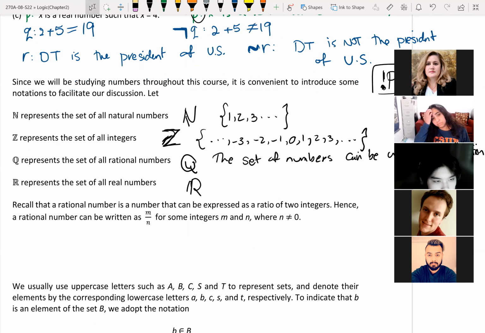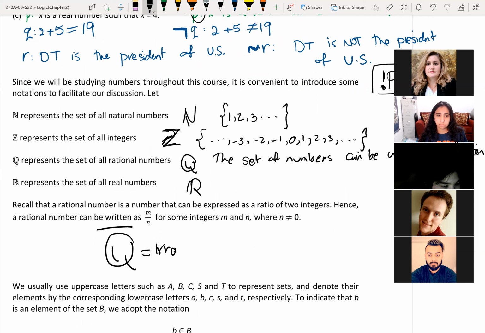If I want to use the notation, which you'll see soon, we have the set of irrational numbers, if you remember. If you have a quotient, something not a quotient is irrational. So this is irrational numbers. Anyone remember what's irrational? Can you give me one example of irrational? Pi, huh?